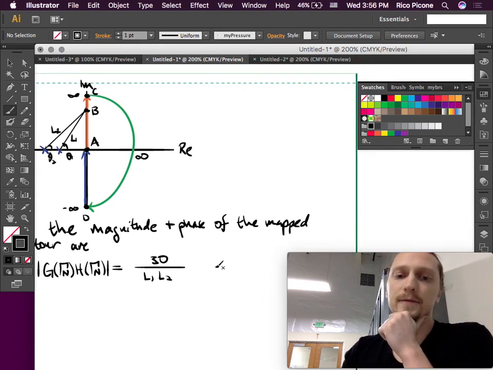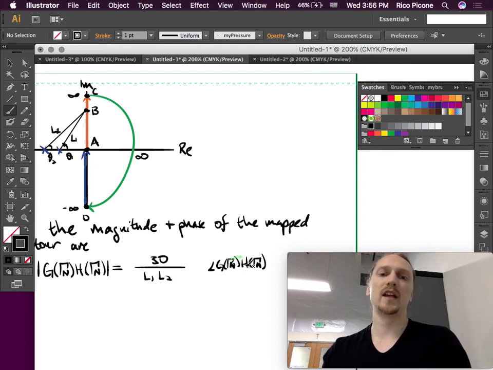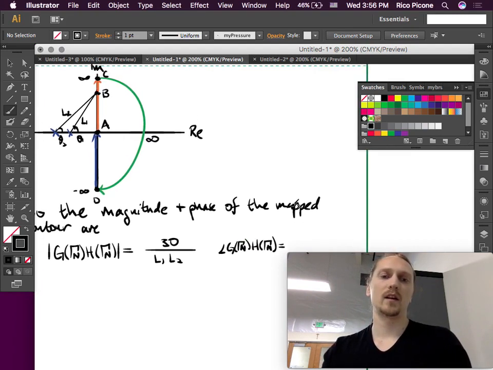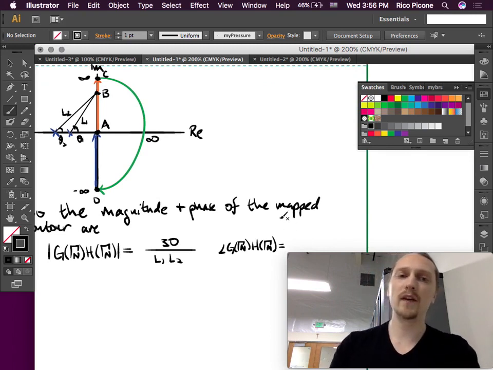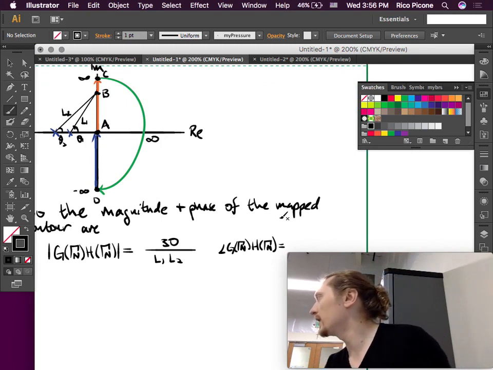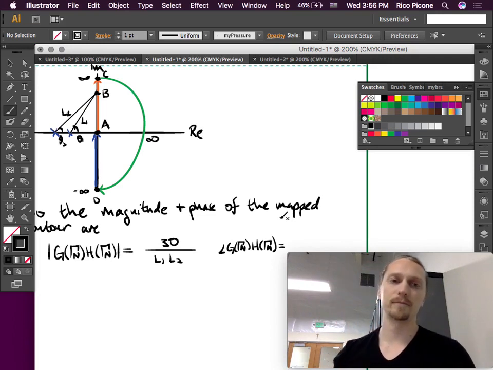And the phase of G of gamma n, H of gamma n. Sometimes you just say GH combined of gamma n. It's fine too. What is the phase going to be? Does the 30 affect the phase at all? No. So what does affect the phase? 0 minus theta 1 plus theta 2.